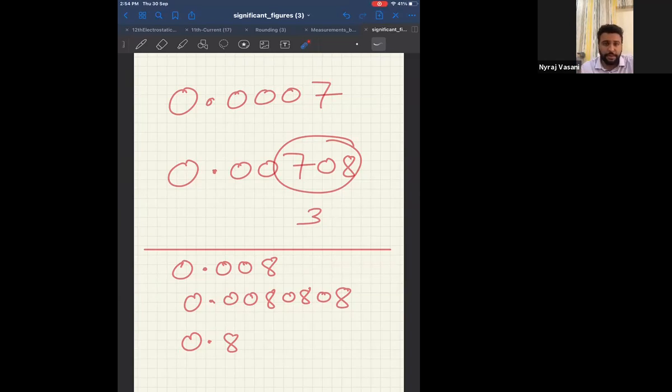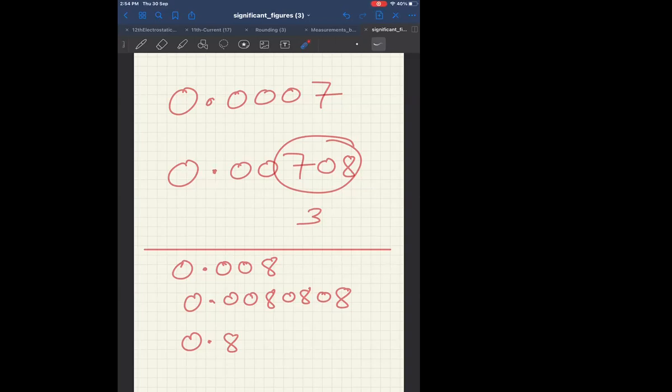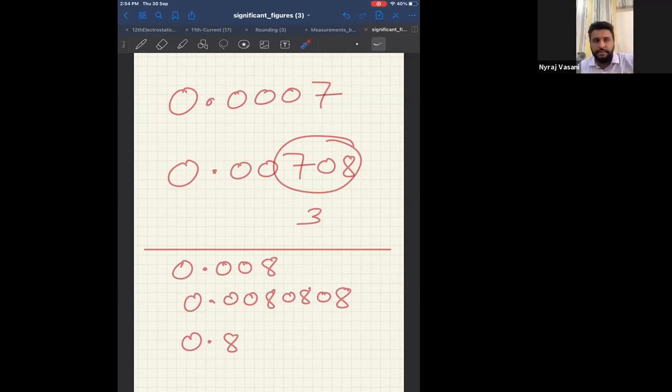Else, if the number does not have a decimal point, then the zeros are not significant.